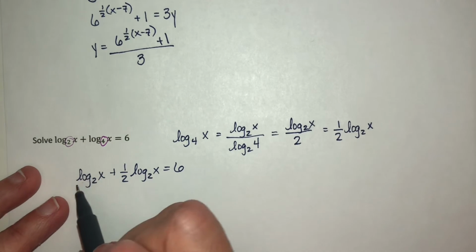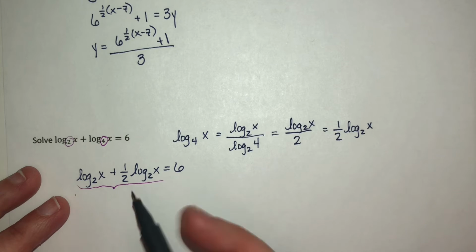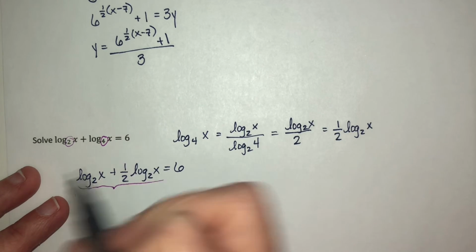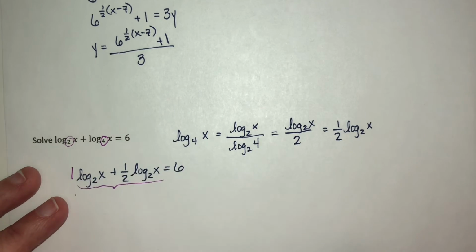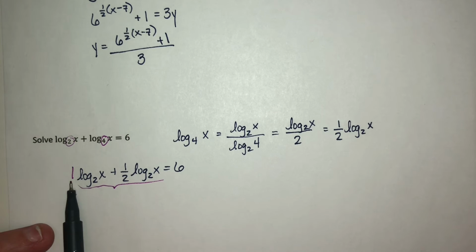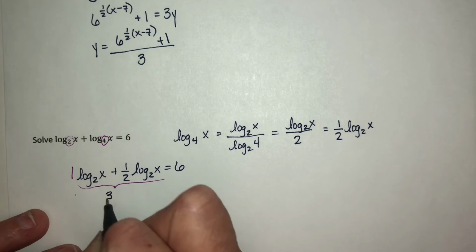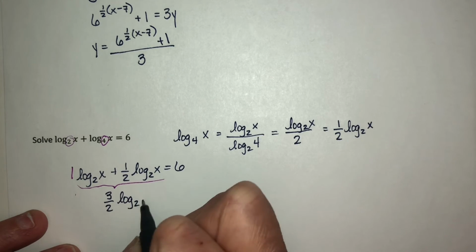Okay, now what we have right here, it's really combining like terms because I have exactly log base 2 of x, log base 2 of x. That's an understood 1 right there. Just using combining like terms, I would add 1 plus 1/2 to get 3/2 log base 2 of x.